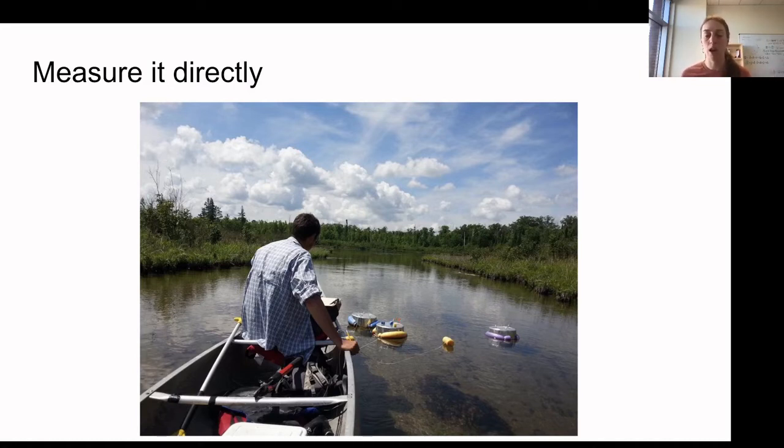And then you measure how much methane or CO2 is fluxing from that water up into those collars. So you can just measure the gas concentration of the gas that's being trapped in those collars. But as you can probably imagine, this wouldn't work very well in a turbulent stream. So these are typically methods that get used for still bodies of water or very slow moving bodies of water.